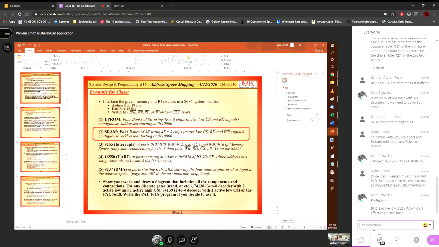I changed number 2 to be SRAM, 4 banks of 8K. So it's the same thing as the EEPROM, except that's now SRAM. So I just made SRAM to be the one I'm going to use, because this is SRAM I'm working with, not EEPROM. EEPROM's the same thing, except that all you have to do is have a read instead of a read and a write. So I did change it, yes.